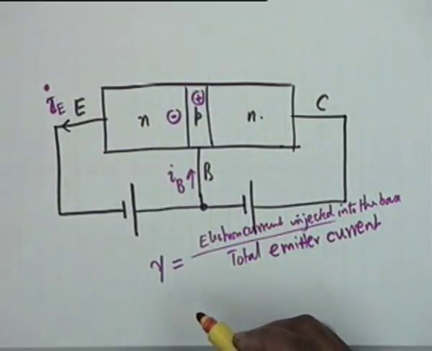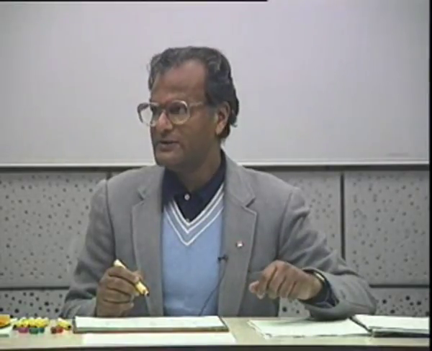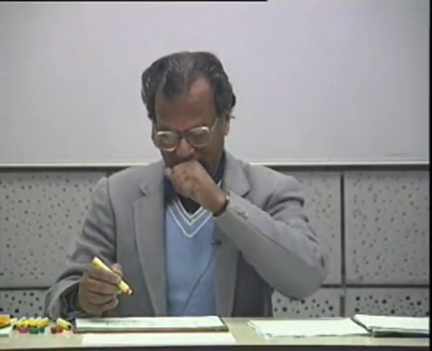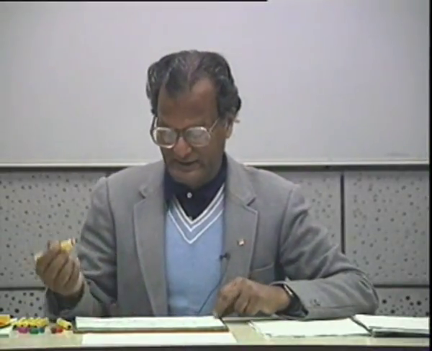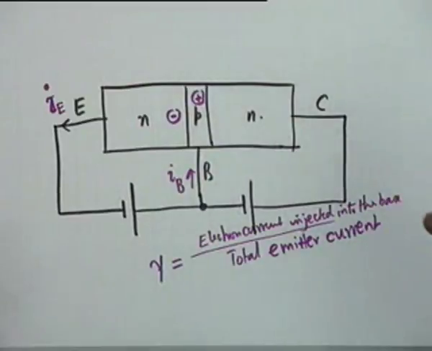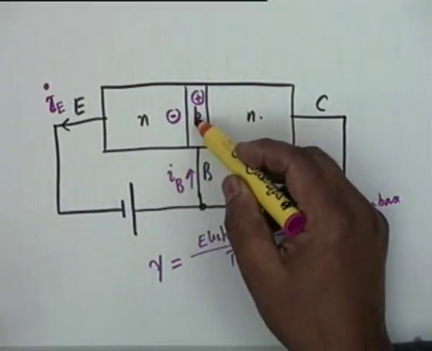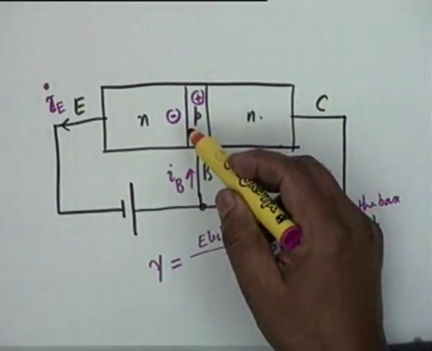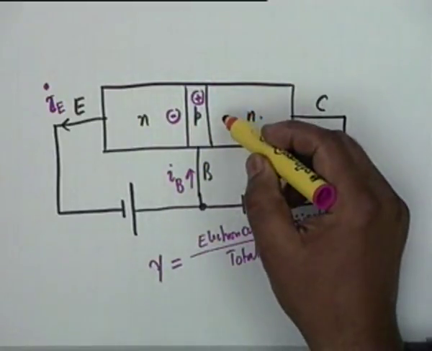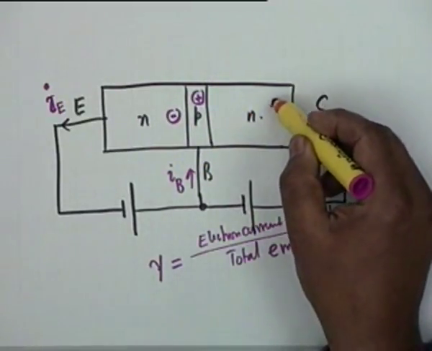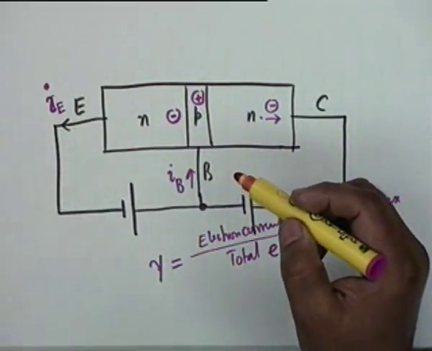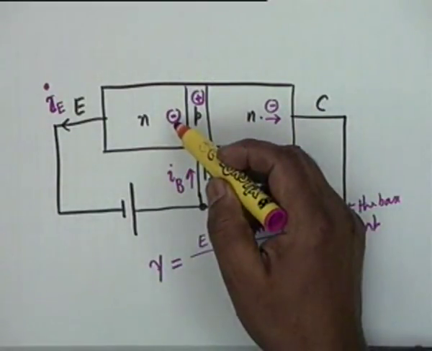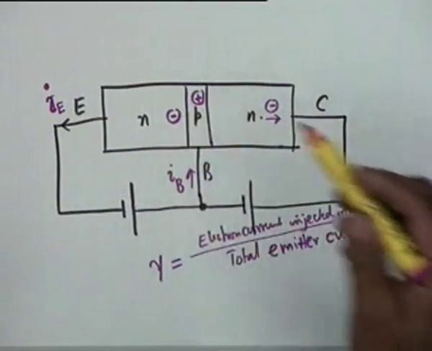Normally if there was no recombination, then the base current should have been 0, but since there is a recombination, that is a base current. So some of the electrons which are injected into the base region recombine with holes, and therefore the number of electrons reaching the collector will be less than the number of electrons emitted from the emitter region.